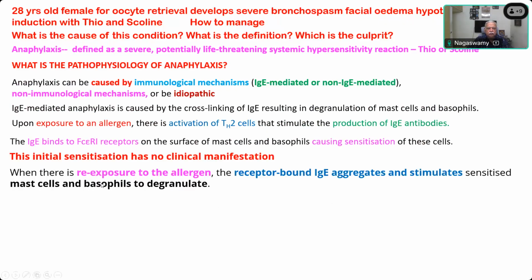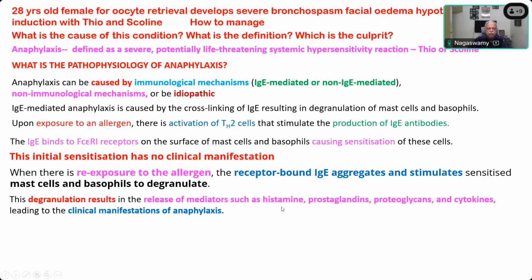And when there is a re-exposure to the allergen, the receptor-bound IgE aggregates and stimulates the sensitized mast cells and the basophils to degranulate, and they release the mediators like histamine, prostaglandin, proteoglycans, cytokines, etc., which all lead to the clinical manifestation of anaphylaxis.